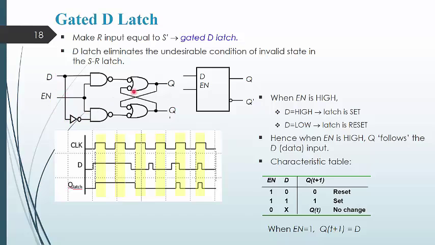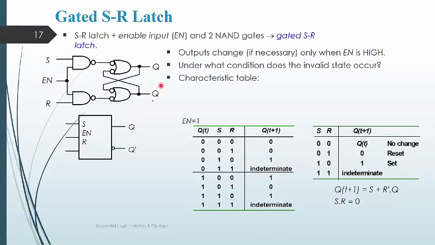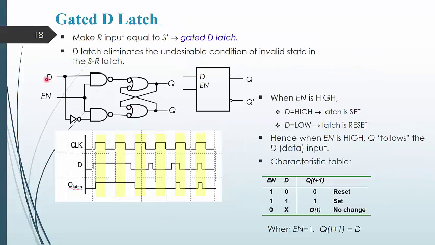The remaining part of the circuit is kept the same as in the previous gated SR latch, so there is no change. The only change observed is on the input side of this gated latch, and that's why we have written that the R input is made equal to S dash.